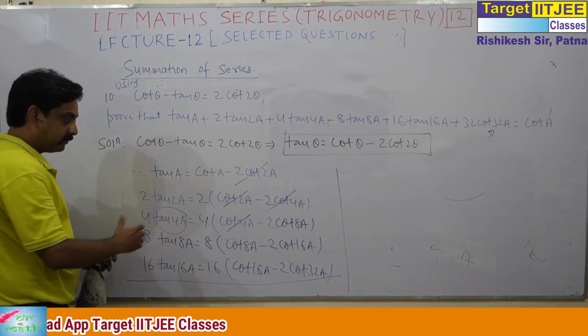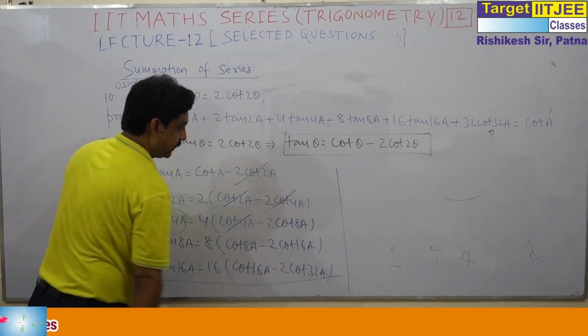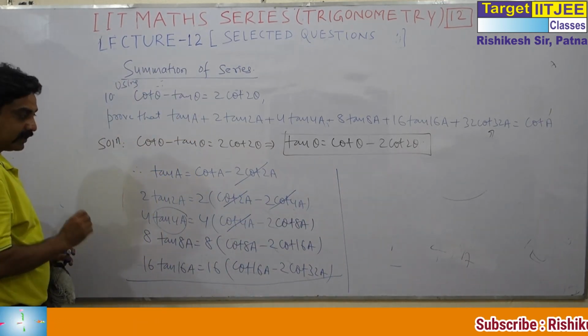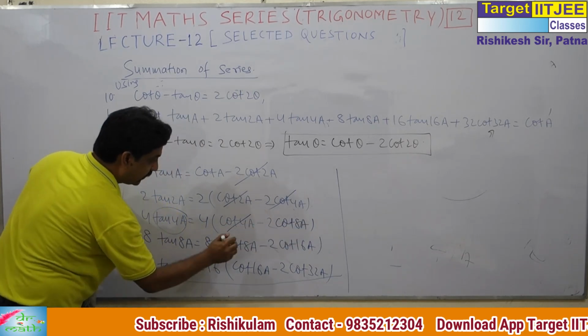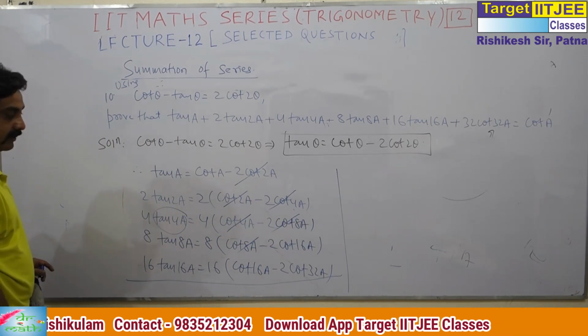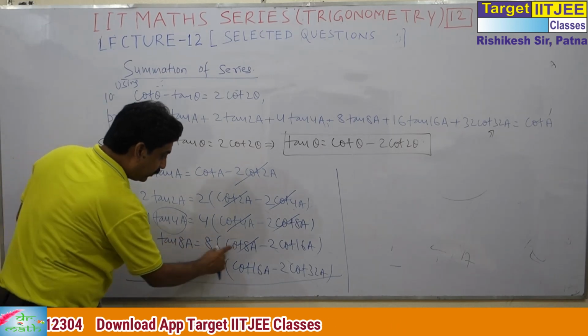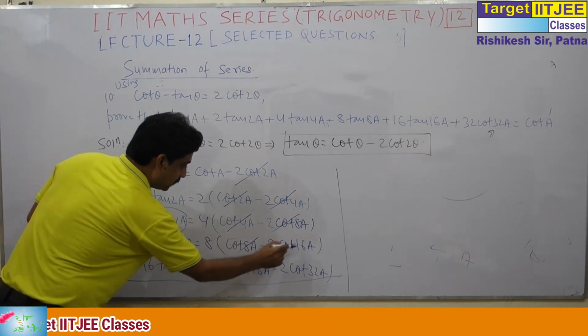If it's a problem, multiply by 2 and write it again. But I think you are getting it. This is 4 into minus 2, minus 8 cot 8A, and this is 8 cot 8A. This is cancelled. This is 8 into minus 2, minus 16 cot 16A. This is cancelled.